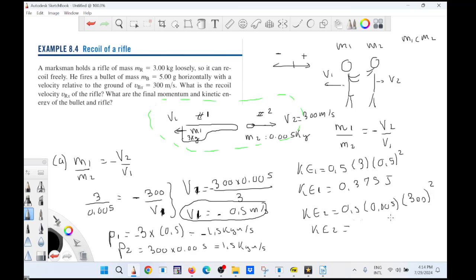If you do the math, it's going to be 225 joules. So the kinetic energy is more for the bullet than for the rifle, because it has moved a larger distance, so more work was done on it. You start with the energy in the powder, and more of it will go to the bullet than to the rifle. So kinetic energy here is larger.